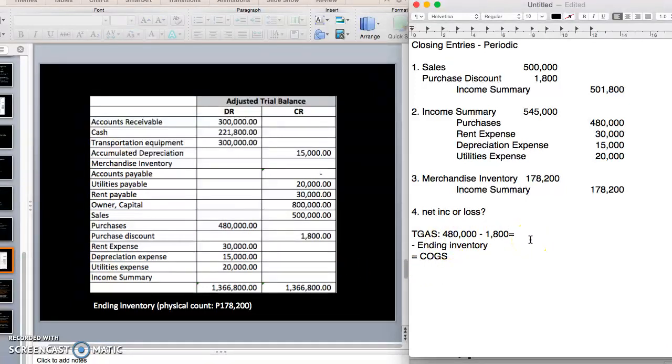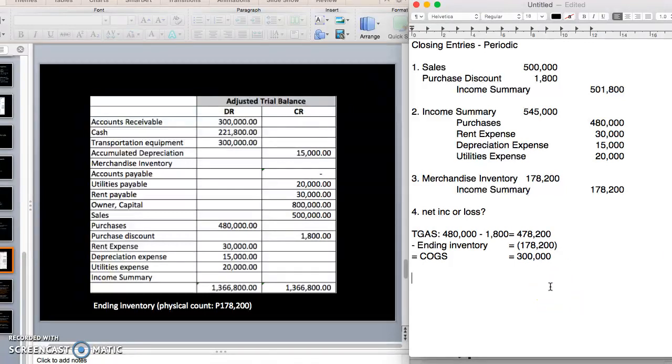So this will give us a total of 478,200. Ending inventory is already given. This is 178,200. So 478,200 minus 178,200 will be equal to 300,000.